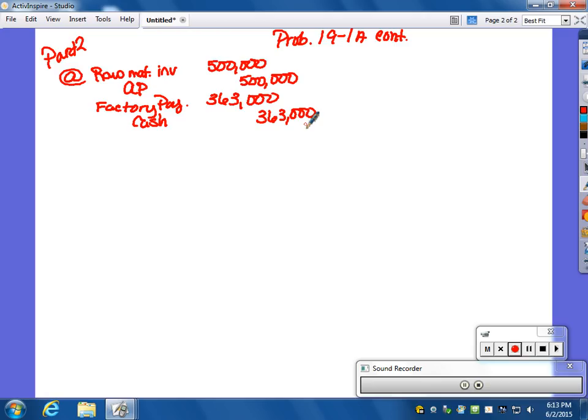It's factory overhead. Factory overhead, what's the credit? It's indirect materials, so where is it coming from? Raw materials inventory. How much? 50,000. Yes.